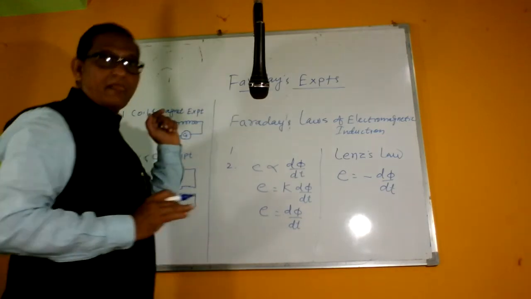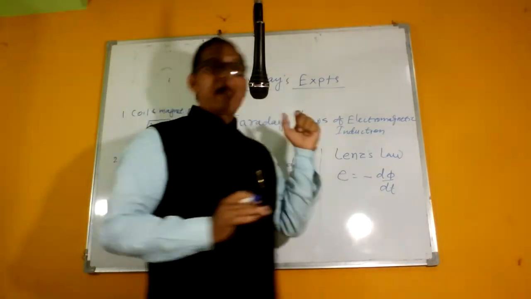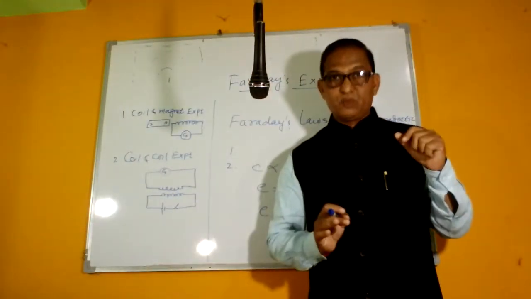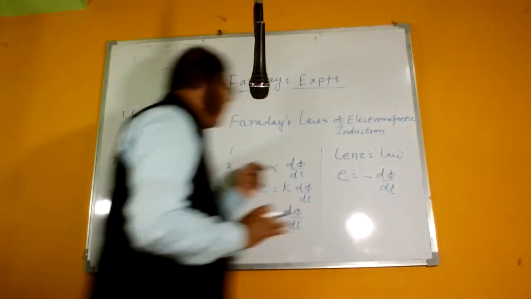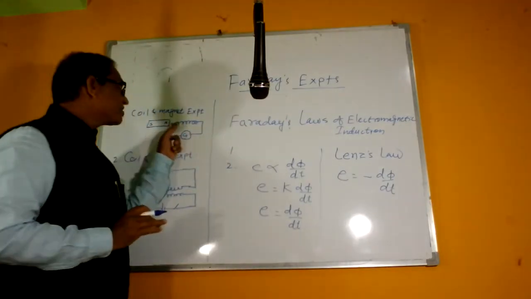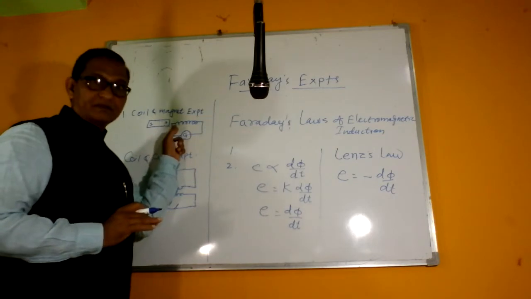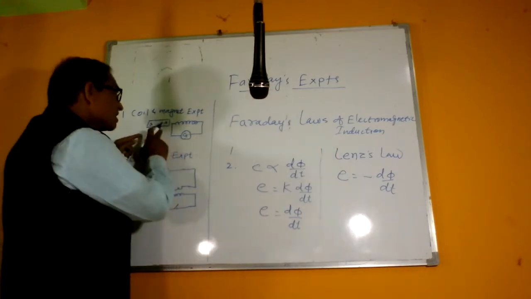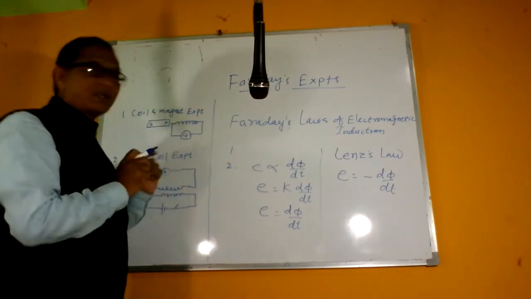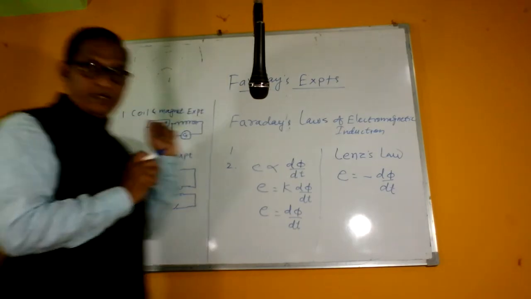If we move this magnet towards the coil in such a way that the end facing the coil, the coil acts as a magnetic dipole in such a way that the face towards the magnet is north.